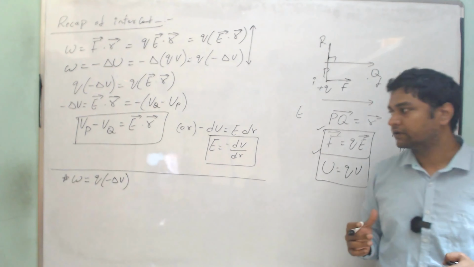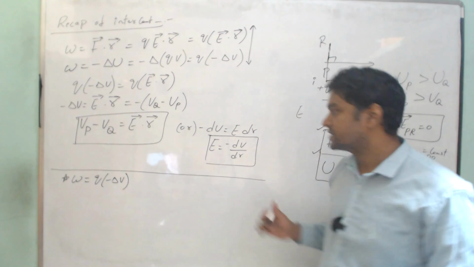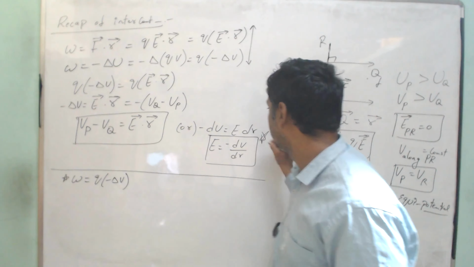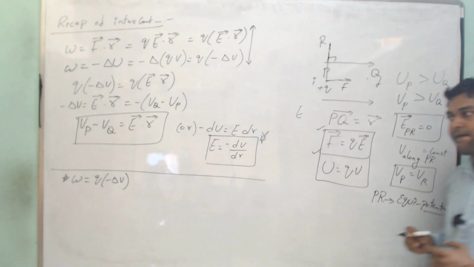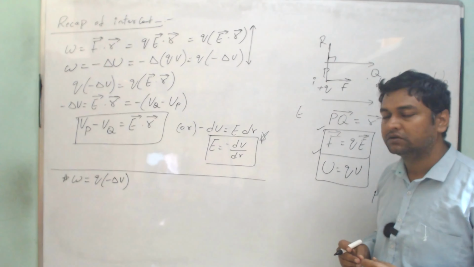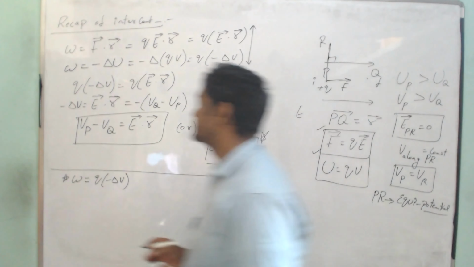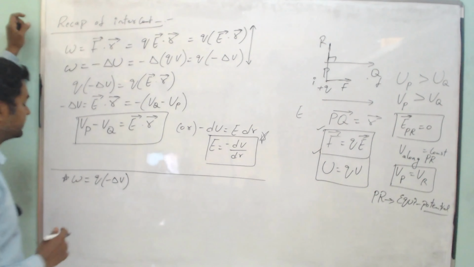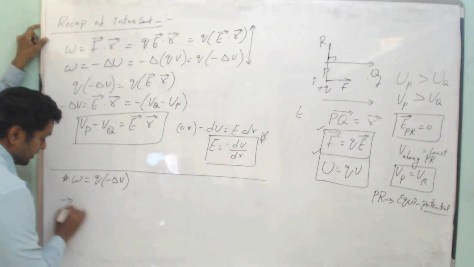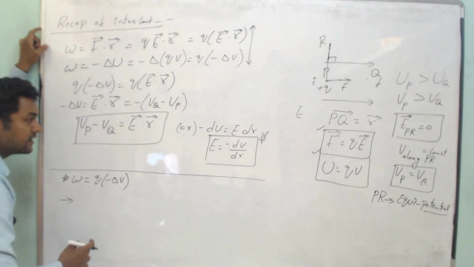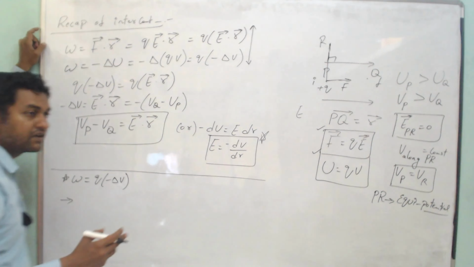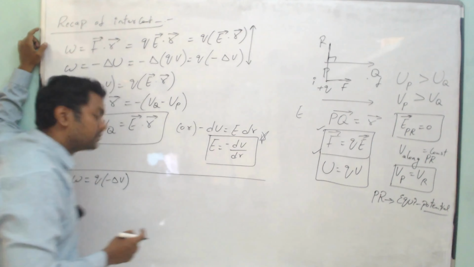The next thing we came to look at is E is equal to minus dV by dr, which is also an important thing. An extra point which I did not mention yesterday: this E is equal to minus dV by dr, I can write in our Cartesian coordinate system.